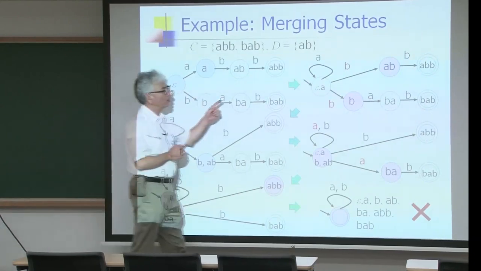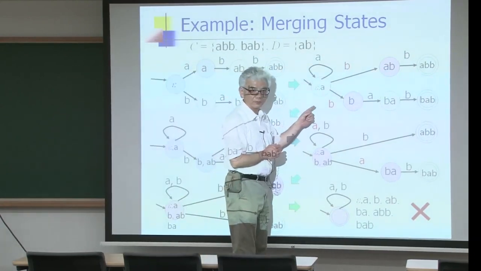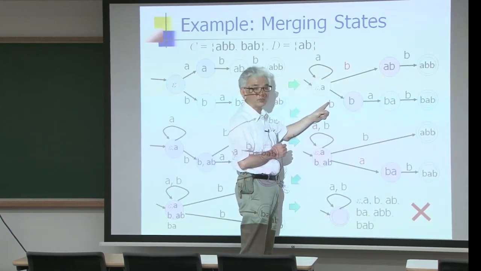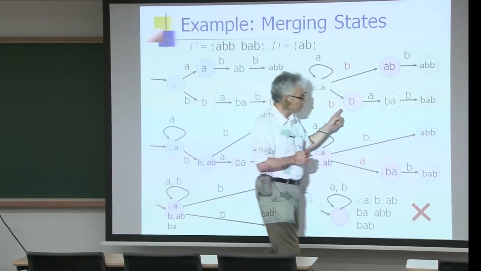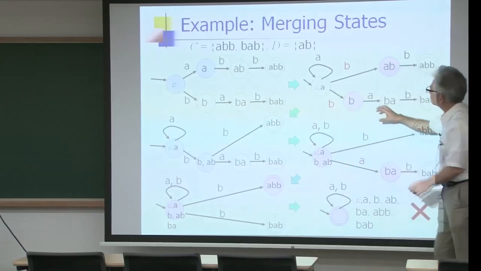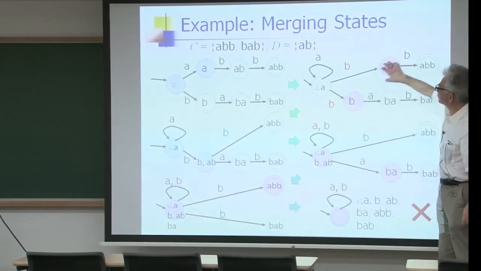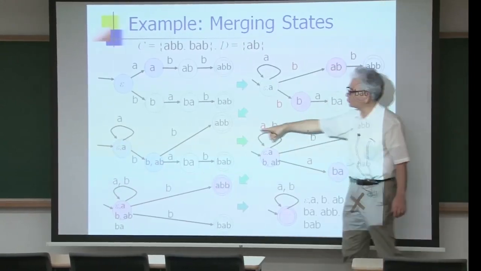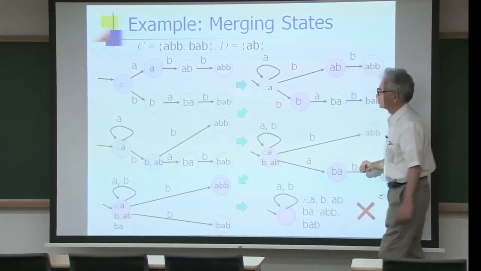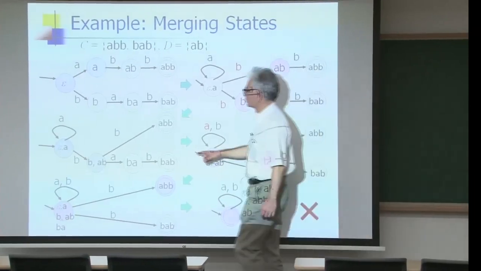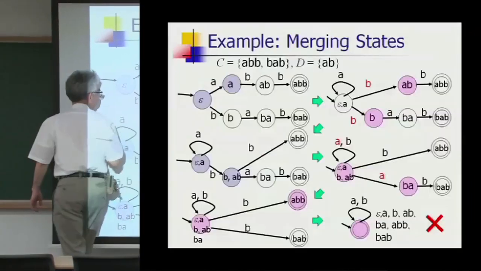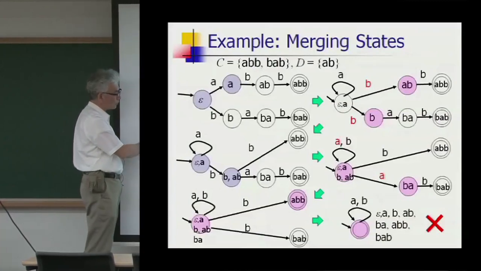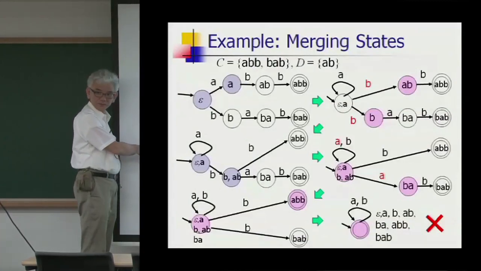However, this automaton has some contradiction, because we have two choices of the string of B. So to remove the contradiction, we merge these two states into one again, and we get this automaton. This automaton is consistent, and so the second conjecture is this automaton.